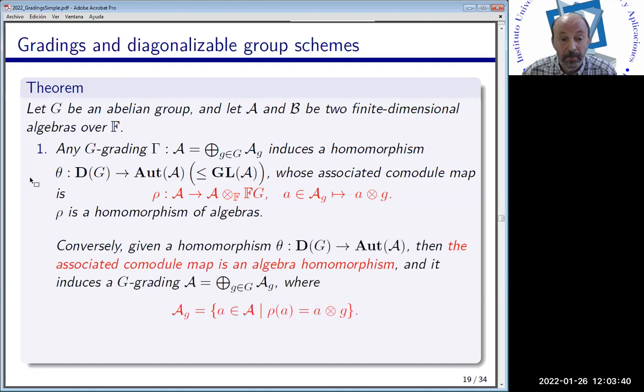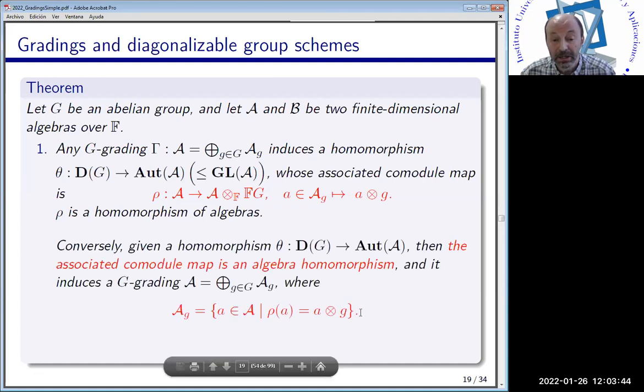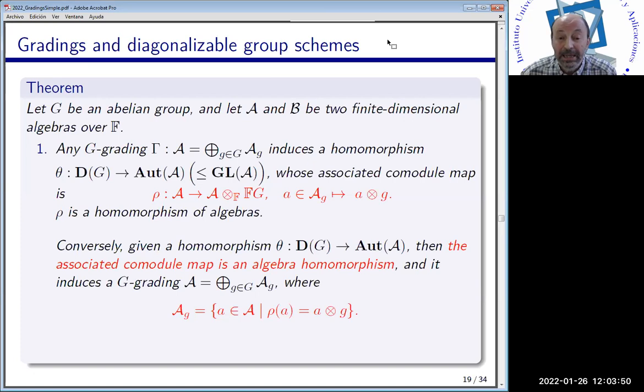And conversely, given any homomorphism, we can consider the corresponding eigenspaces with eigenvalues the elements of the group, and this gives a grading by the group G on the algebra.